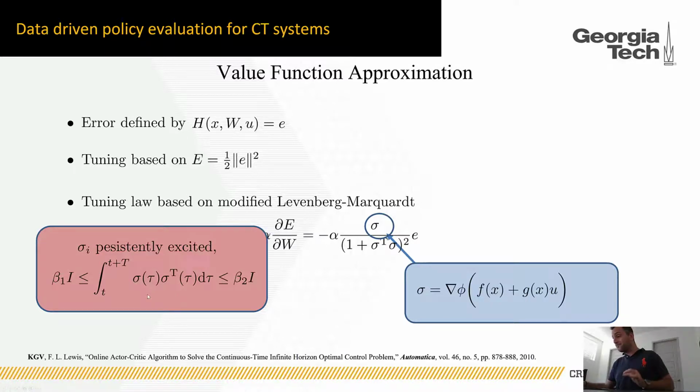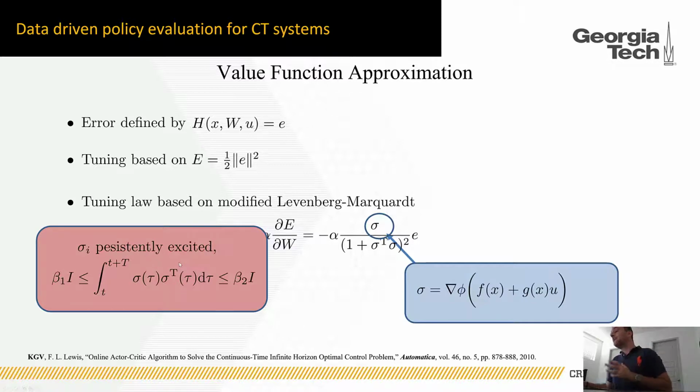For example, if I have a linear system of order n, I want to excite the system by adding n multiplied by n plus 1 over 2 different frequencies. In nonlinear systems, I will call excitation magic, because there is no clear way to find it. And of course, excitation has to be guaranteed for the future.